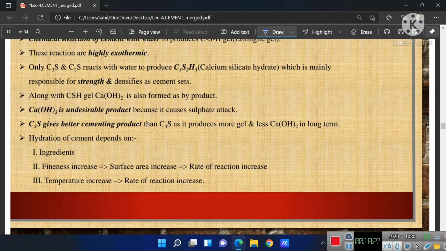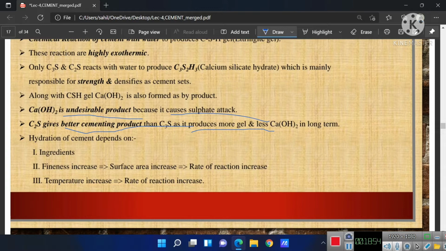Along with CSH gel, Ca(OH)2, that is calcium hydroxide, is also formed as a byproduct. Calcium hydroxide is an undesirable product because it causes sulfate attack. C2S gives better cementing properties than C3S as it produces more gel and less Ca(OH)2 in the long term.